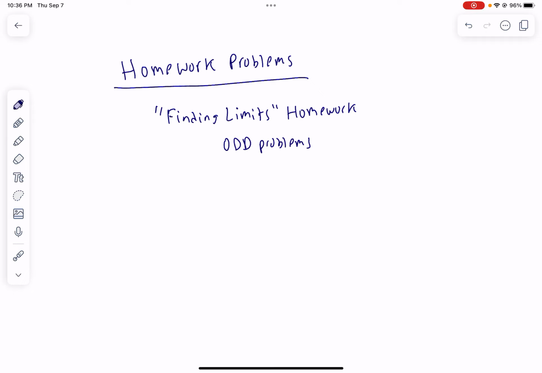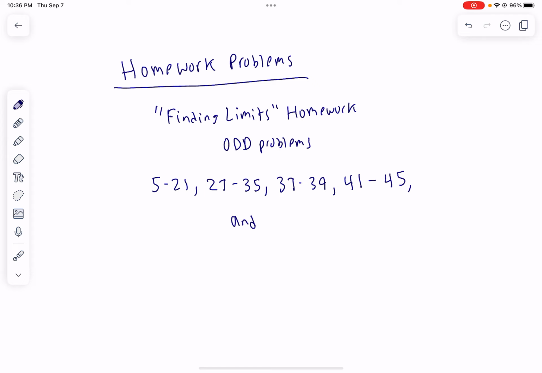You should be able to do 5 through 21, 27 through 35, 37 through 39, 41 to 45, and for the other part, you should be able to do 47 through 51. And please remember that we're talking about the odd problems, okay?